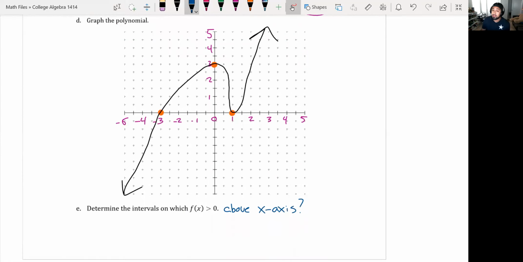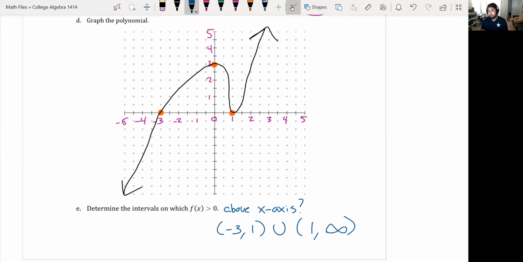We're not above the x-axis until -3, so everything down here is below. After -3, we go above, all the way till we get to 1. So -3 to 1, and then union, we start again at 1 and head towards infinity. There's our answer.